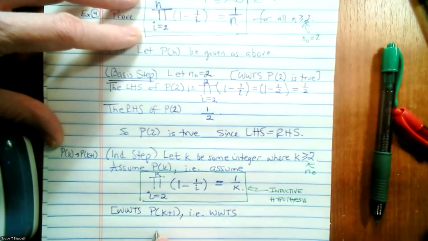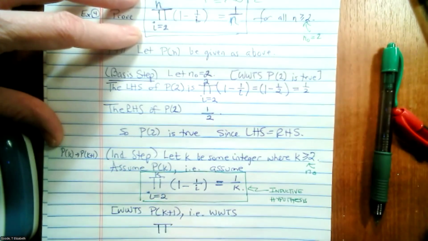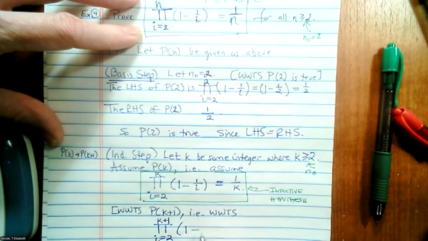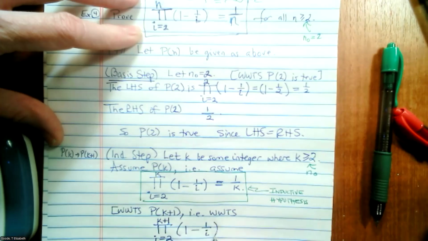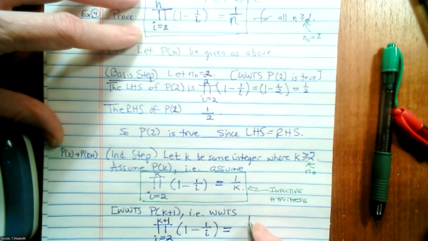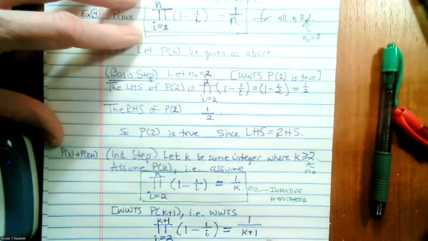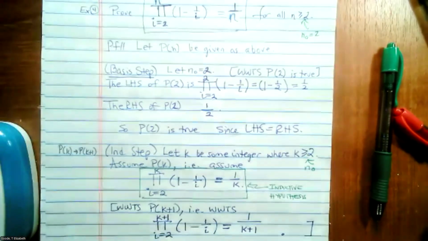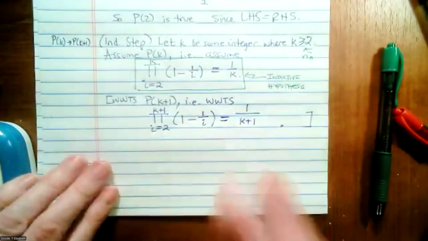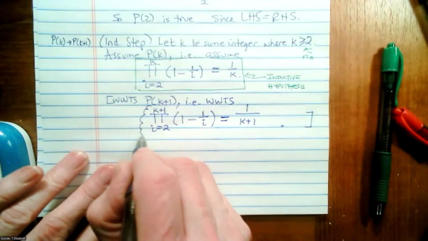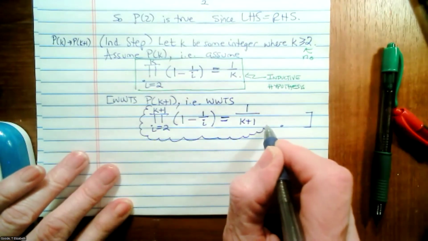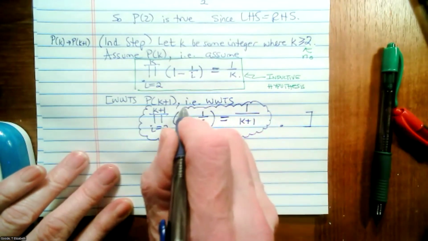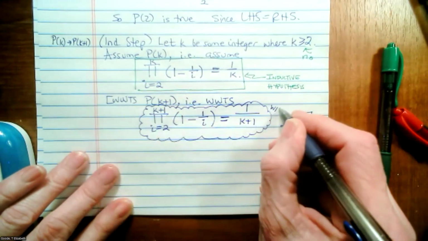The product from I equals 2 to K plus 1 of 1 minus 1 over I equals 1 over K plus 1. Beautiful. That's perfect. So now we can slide up, because we see everything we need to see.